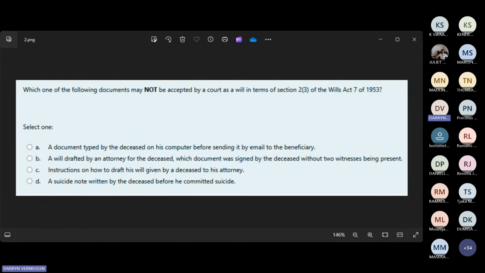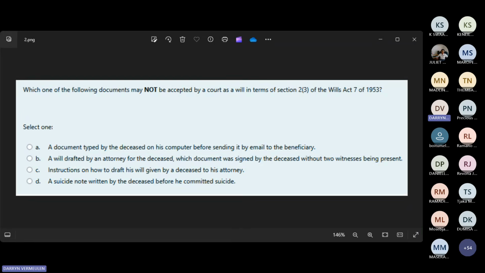Awesome. So for those that are working or not able to look at their screens, I'm just going to read the question out, and then we can see who wants to take a stab at answering it. The question is, which one of the following documents may not be accepted by a court as a will in terms of Section 2(3) of the Wills Act? So they want us to find out which one is not acceptable.